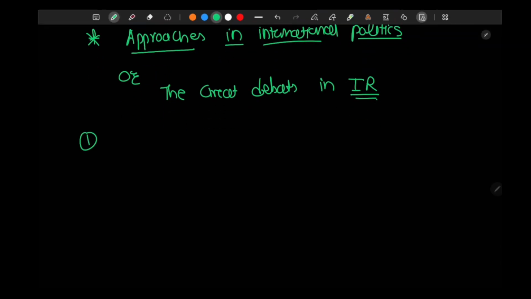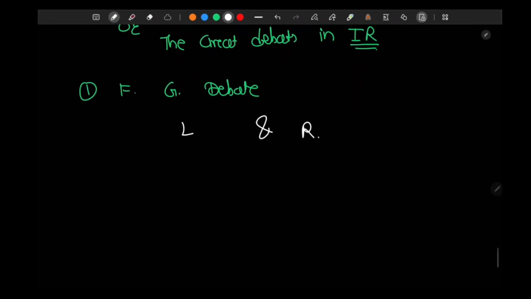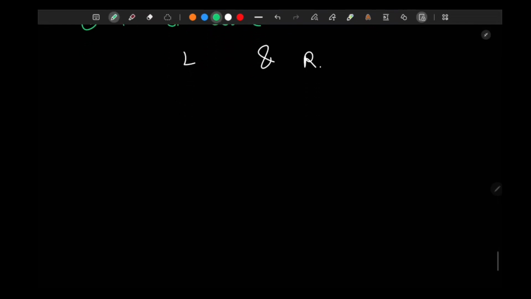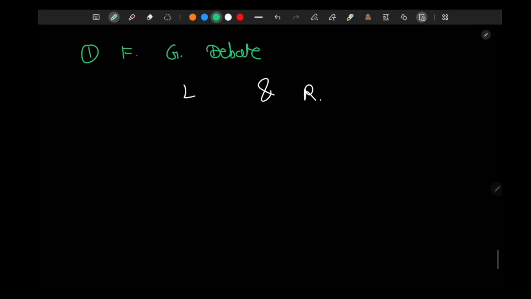The first great debate has been between liberals and realists. The second great debate is between behavioralists and traditionalists.